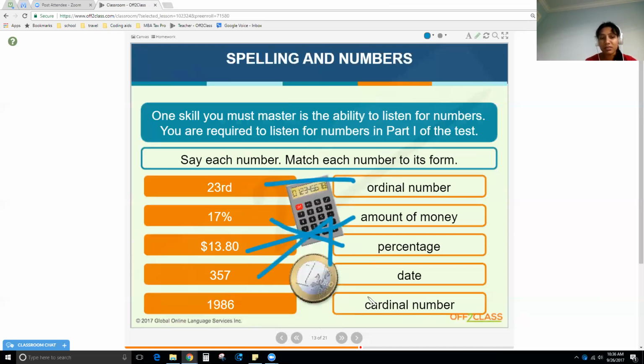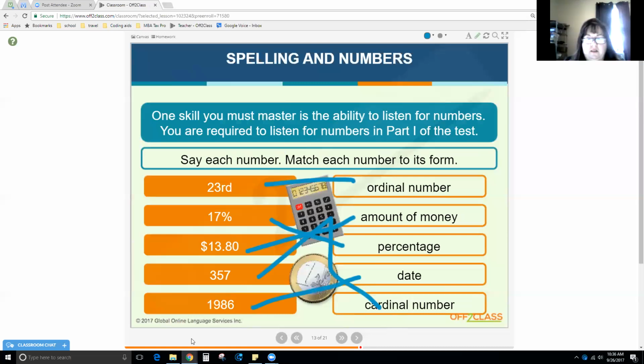Okay. 1986, date. Okay, so you said these perfectly. So you are well prepared there. I don't think it will come up which is a cardinal and which is an ordinal number, but it's good to understand the difference, I guess.